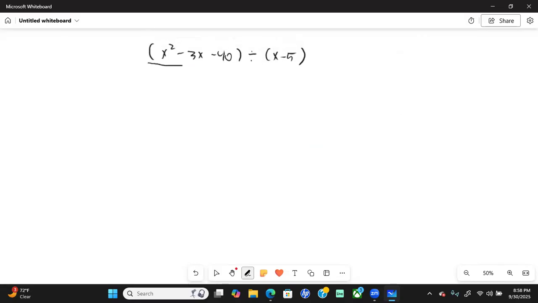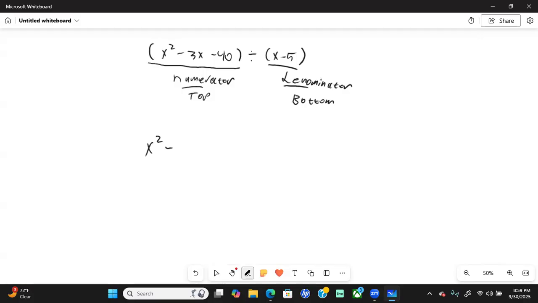So this becomes my numerator. This becomes my denominator. Numerator is just the top. Denominator is just the bottom. So let's do it.